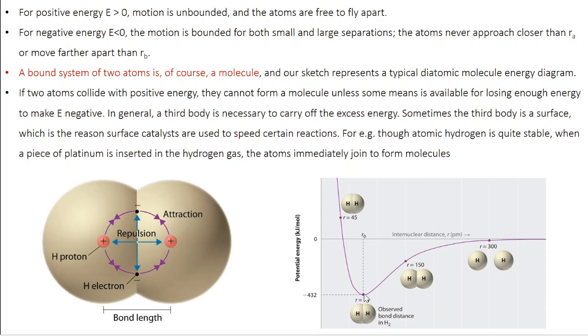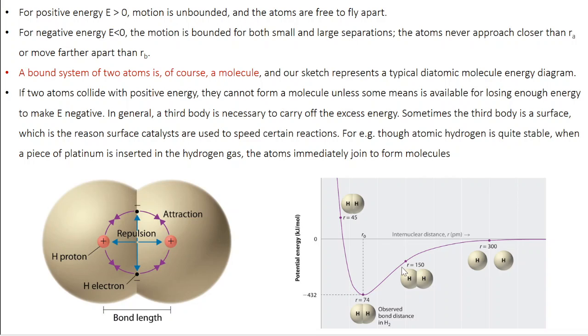Now what happens if you try to bring the hydrogen atoms even closer? From this point onwards, the repulsive forces between the two nuclei as well as the two electron clouds start to grow in strength. And repulsive potential is a positive potential.